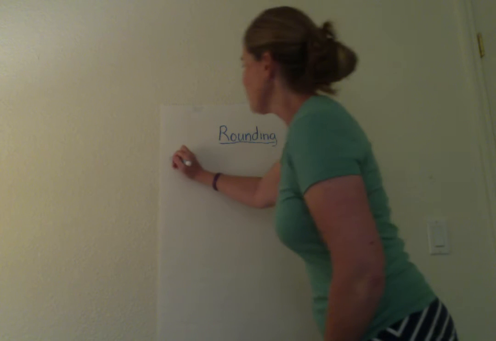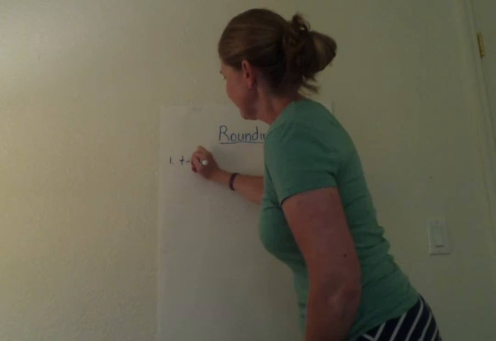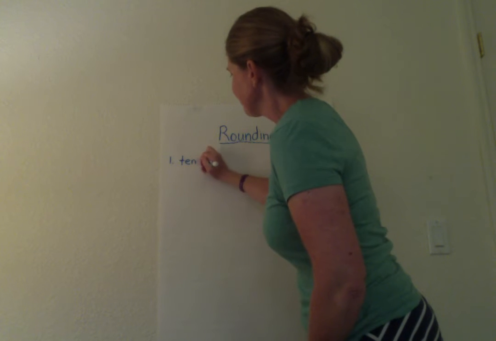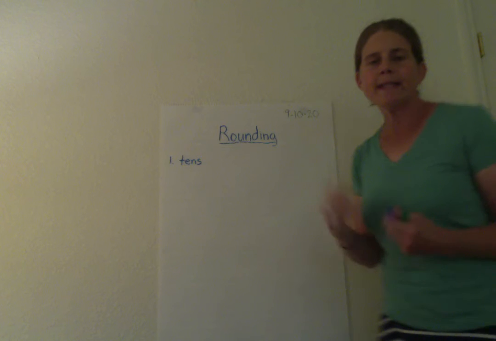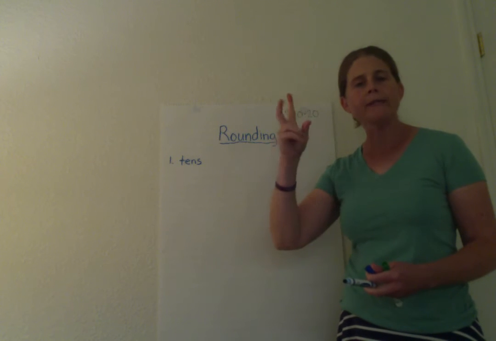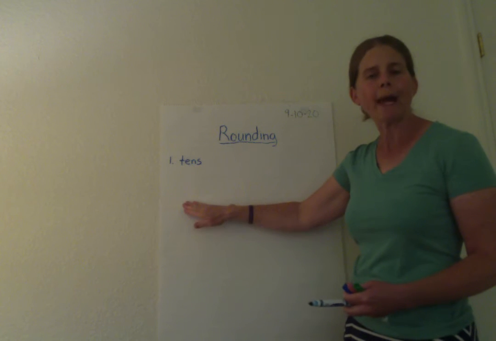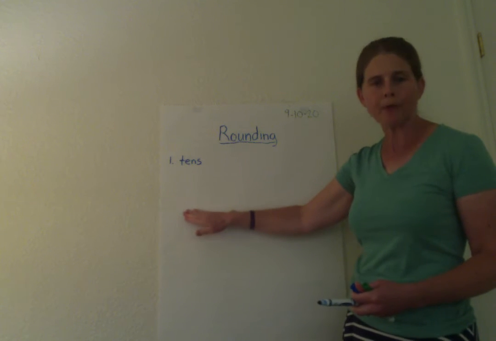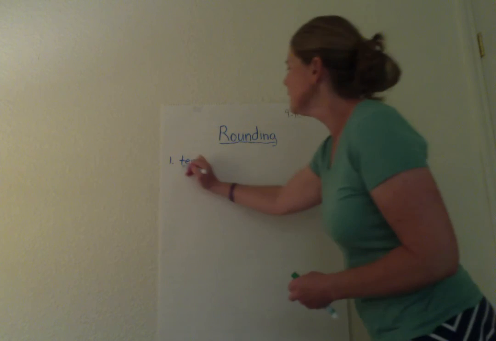So I'm going to put 1 and I'm going to say tens. Okay. We know that if we're in tens, we only have 2 digits. We'll have the ones and the tens place. So what I'm going to do here is write a few numbers that just have 2 digits. We'll start very simply.